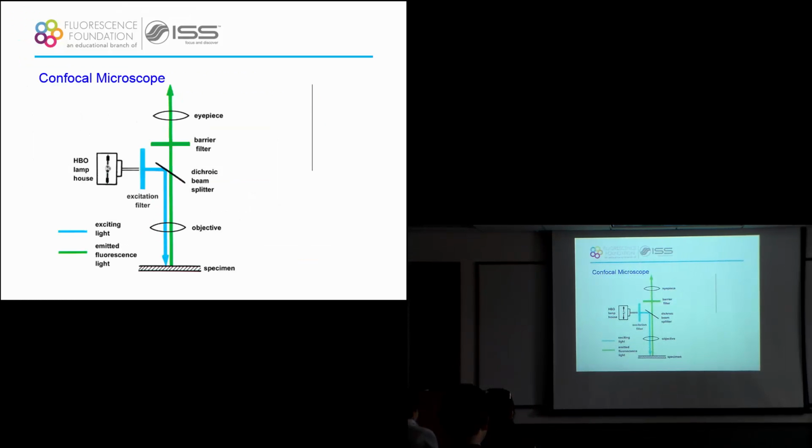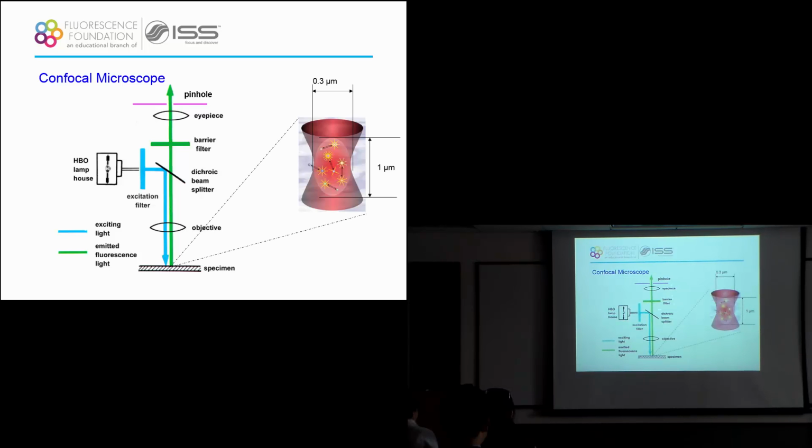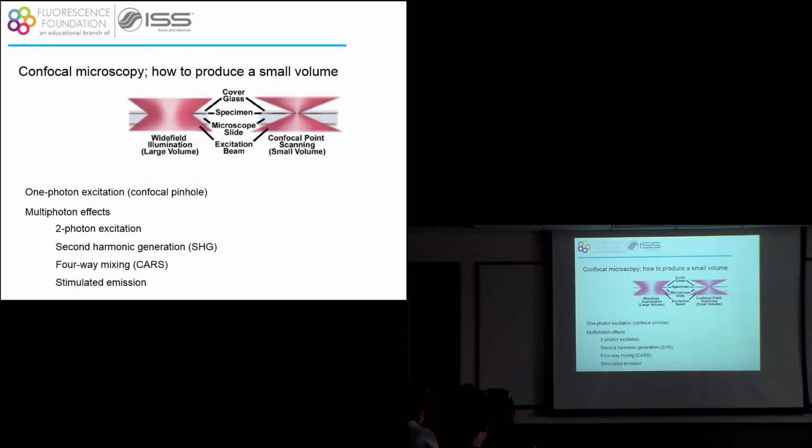So again, this is a fluorescence microscope, and the confocal microscope has this pinhole placed up here, which allows you to isolate and focus on a small volume here on the specimen. This is a cartoon that gives you, again, an idea of the differences between a wide field illumination in a fluorescence microscope and in a confocal microscope.